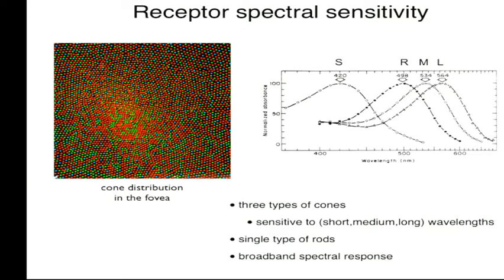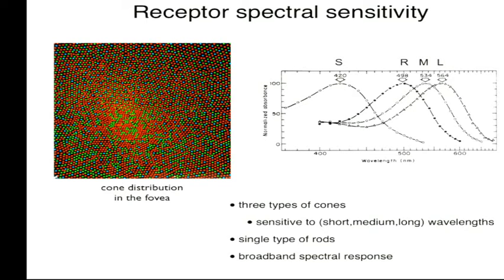Okay, and so this is a diagram of the distribution of cones in the fovea, and you can see that there's kind of a random arrangement. There are much more long and middle wavelength, red and green, than there are short wavelength blue cones, and they have this kind of pseudo-random arrangement.